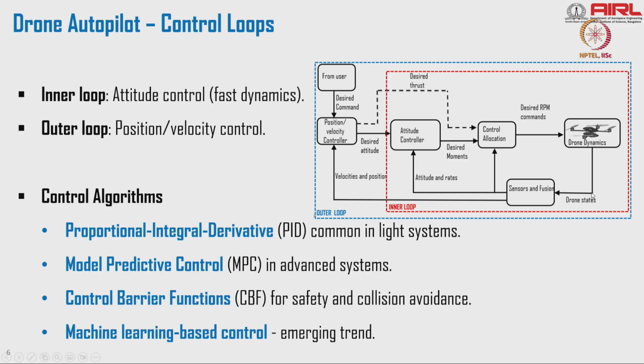I take the states through my sensors, and I have a fusion, basically an extended Kalman filter or something, which estimates the states, and those states go to my attitude control. You could get the desired attitude either from a user directly, or it could come through my position command or velocity controller. That gives the desired attitude, and the desired attitude and current attitude give the error that I want to reduce.